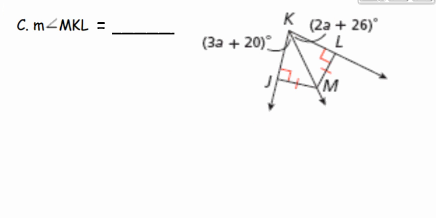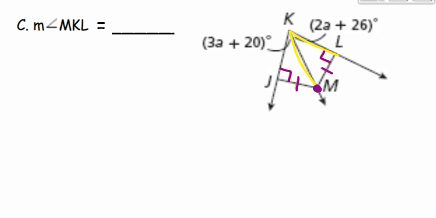All right, I need to find the measure of angle MKL, which is this guy right here. Again, I can see that I have an angle bisector situation going on just by these markings that are here. This is congruent to that, and I've got some 90-degree angles, which means this has to be on the angle bisector.